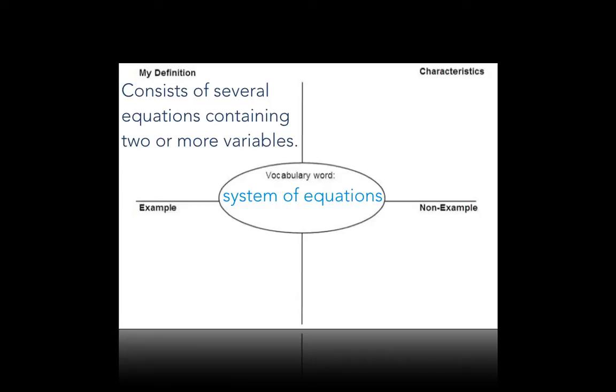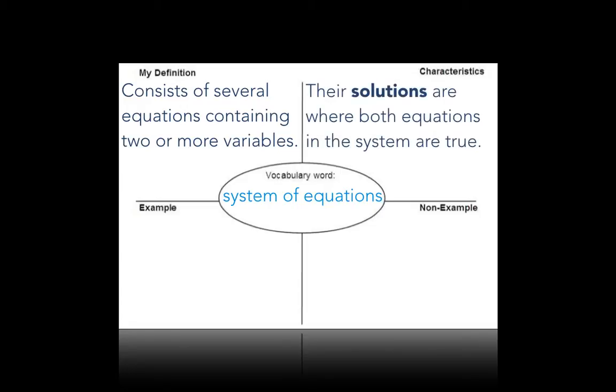This year we're going to work with just systems primarily of 2 variables. Their solutions are where both equations in the system are true. So the solution to a system makes both equations true. It's not enough for just one to be true. It has to be both. Both equations are true. That point is going to be the solution.